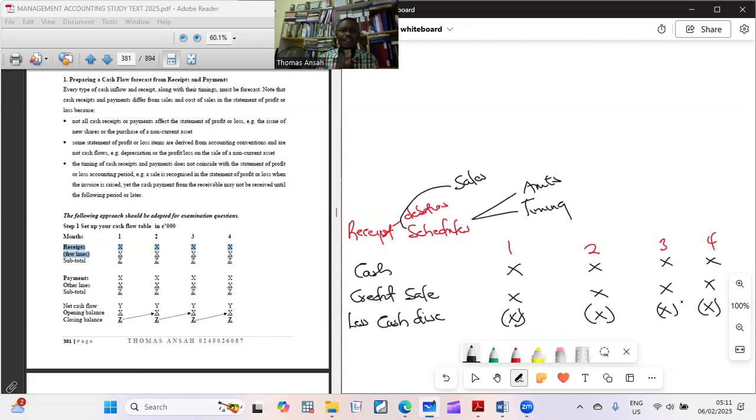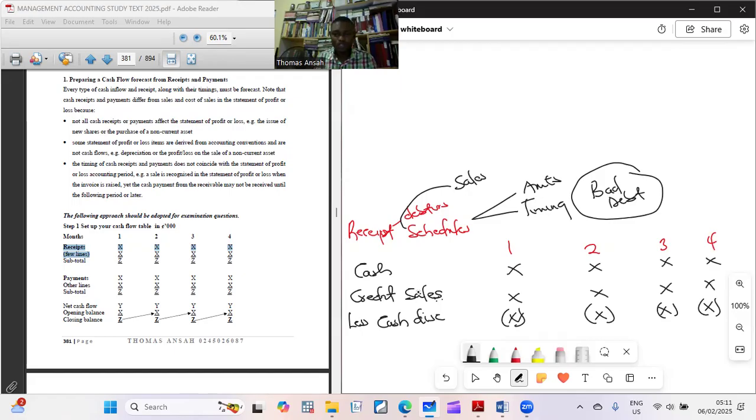Now, another thing that can come about your receivable is something that we call bad debt. If there is bad debt in a receivable, even before you set the cash sales or the credit sales receipts up, you will have to subtract the bad debt.